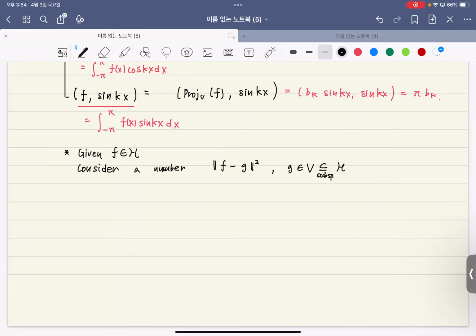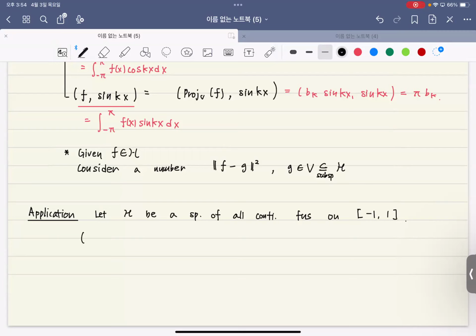All right. Now I'm going to make things a little bit more tricky, but the idea is almost the same. Another application. This time, H is a space of all continuous functions on, say, -1 to +1.